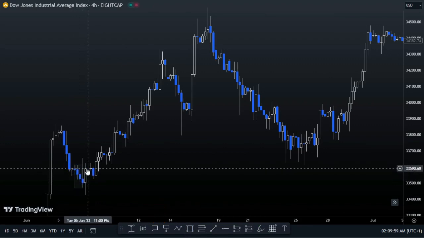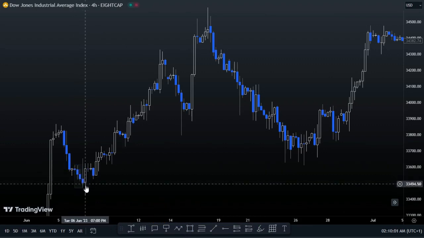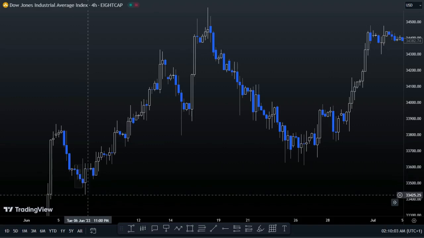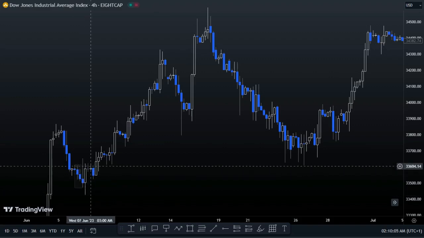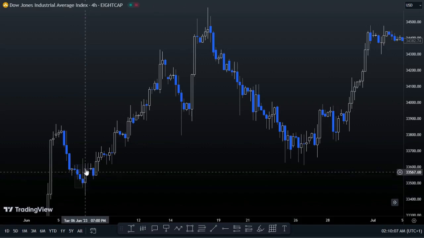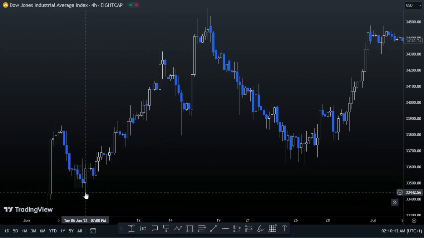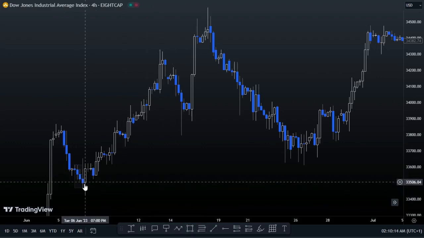And then you see following that, we had a candle that opened here, pushed down, so it was bearish, and all of a sudden it pulls to the upside. This push up here tells you that the bulls have taken control. The buyers have taken charge of the market through this candle.